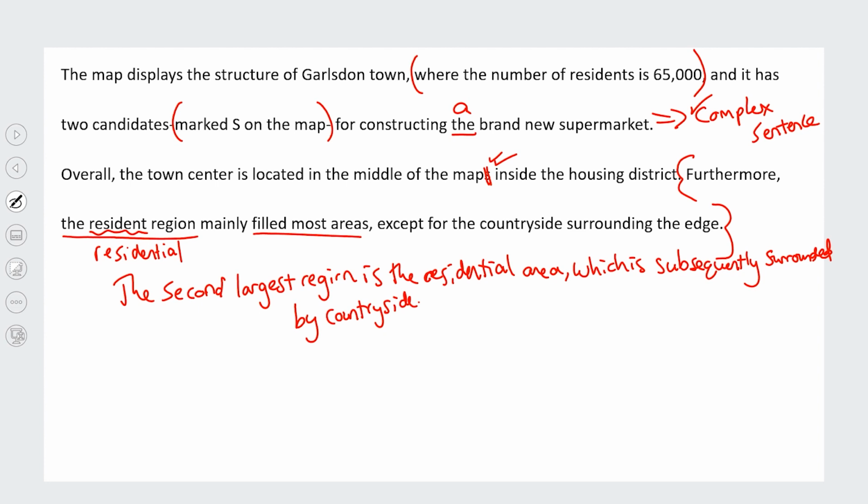What I would have liked to have seen in this overview is a general comparison between the two supermarkets. So something like: the two candidates marked S on the map for constructing a brand new supermarket.